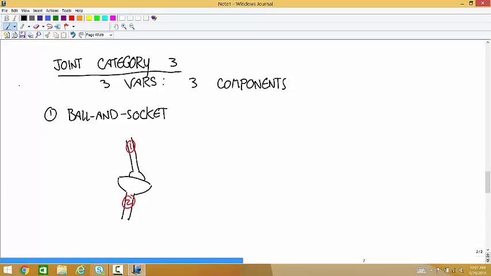You can spin it like that, no problem. It can rotate like that, fine. You can rotate it like this, fine. And you can rotate it like this, fine. This is perfect, ready to go in someone's hip right now. Okay, so all translation is prevented. All rotation is allowed. No rotation is prevented.